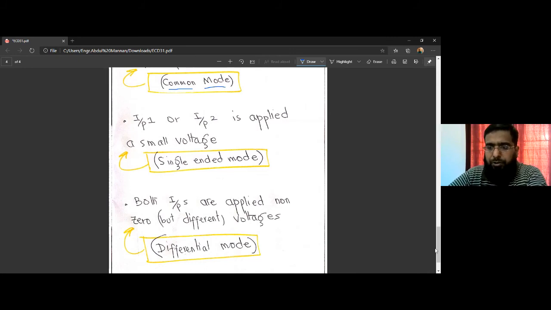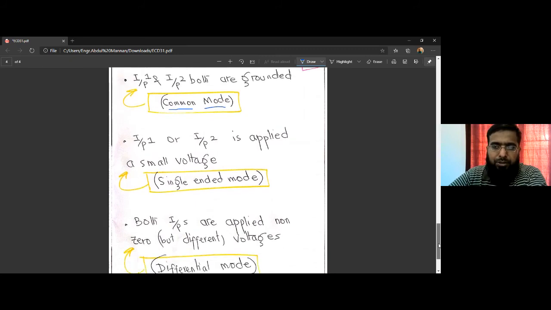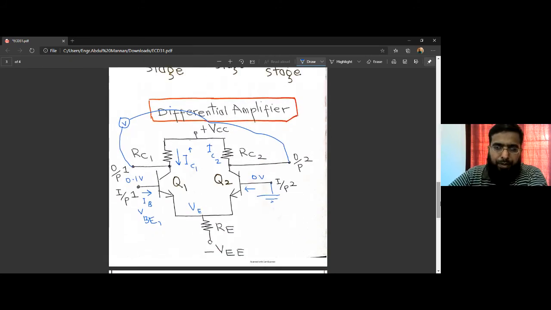In this configuration, we apply a voltage larger than, maybe 0.1 volt. Maybe we apply 0.2 volts here. So the input voltage that we apply to the base of Q2 is slightly higher than the voltage we apply to the base of Q1.